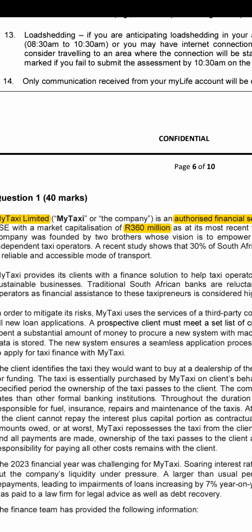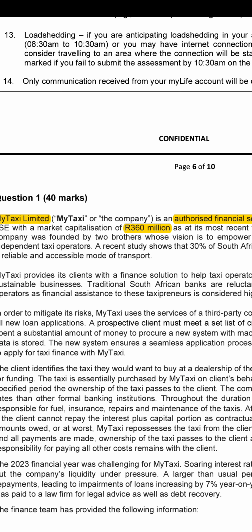So that's important for you guys to be really mindful of: what is the strategy of the company, and how does it link to the vision?